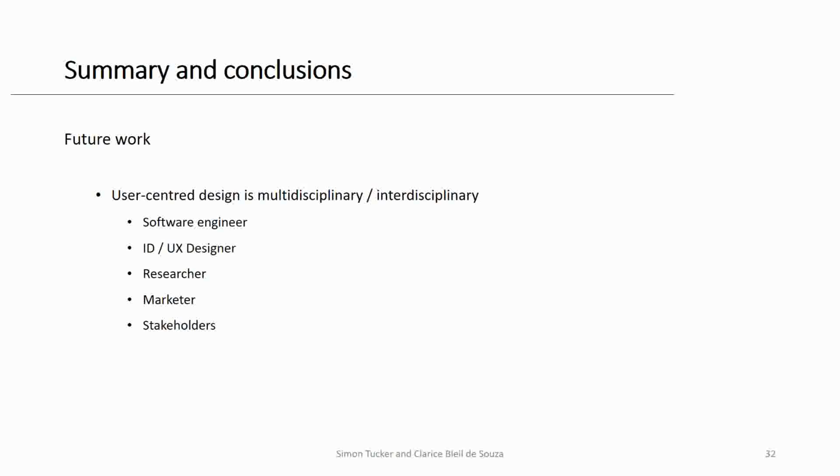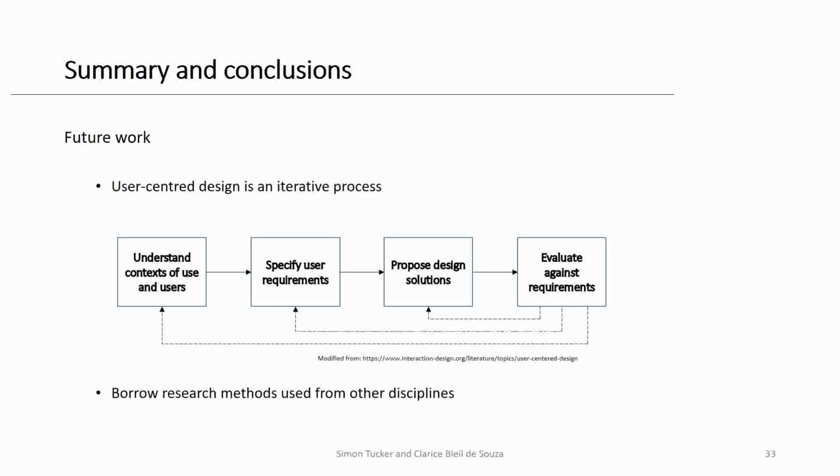One would expect software engineers to be involved, interaction design, user experience designers, researchers, people doing marketing, and of course the range of stakeholders. So that goes with the territory of user-centered design, that sort of wide spread of expertise being input. Also, user-centered design is an iterative process, which we mentioned at the beginning and re-emphasize now.